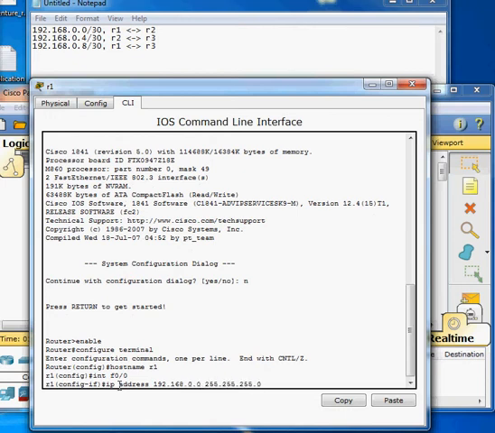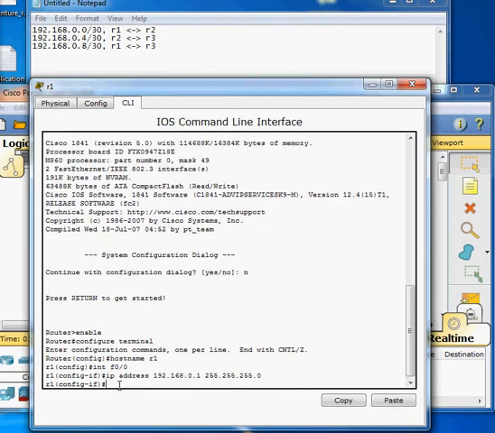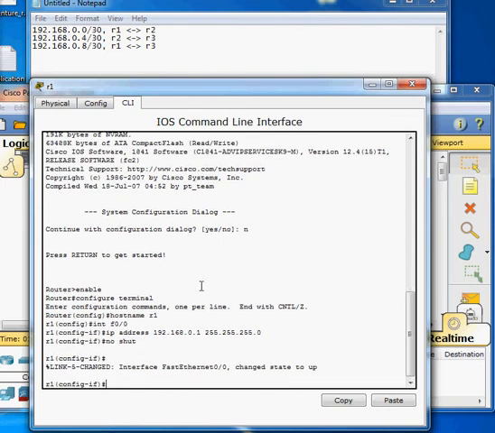Okay, so I'm going to make this .1. Then do a no shut. Since I'm doing Fast Ethernet, I don't have to do clocking. A lot of Cisco exercises you're probably used to seeing serial point-to-point connections, but we're going to use Fast Ethernet in this particular case.